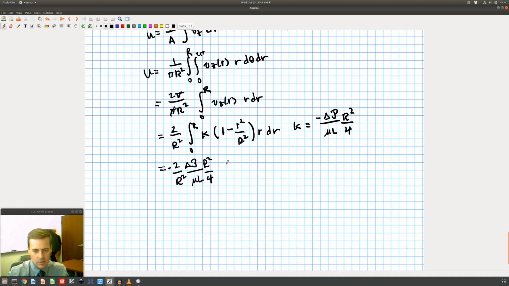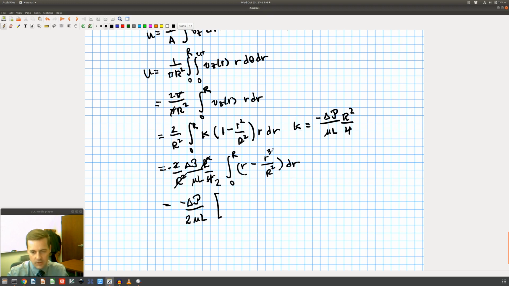Look, some of that stuff's going to cancel. And now I have the integral of 0 to R. Let me multiply this through. r minus, and then I'll put r cubed divided by R squared dr. Okay, R squareds cancel. The 2 cancels with that 4, and I get a 2 down there. And I get a minus delta dynamic p over 2 mu L.